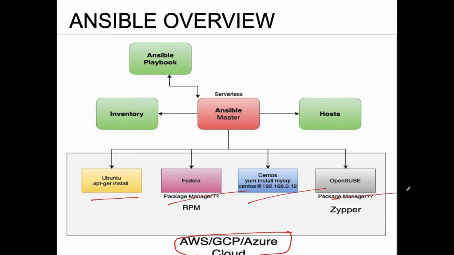So to install any packages on different flavors of Linux, you need to use different modules of Ansible, and Ansible helps you fulfill all these needs across different flavors of Linux. We'll try to cover Ubuntu and CentOS based Linux, and we'll spin up a few machines of these.